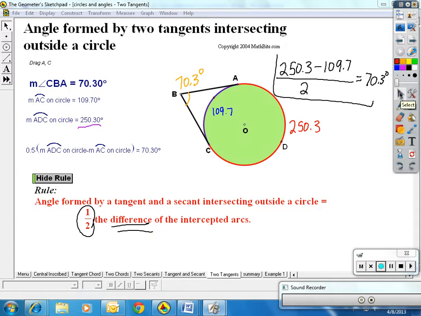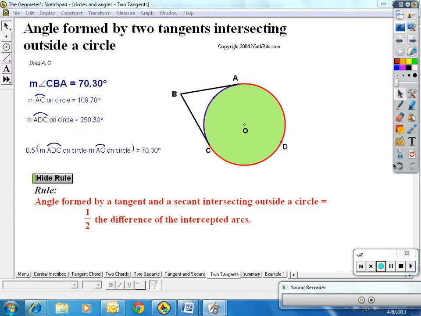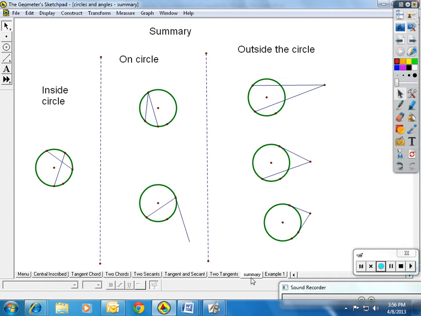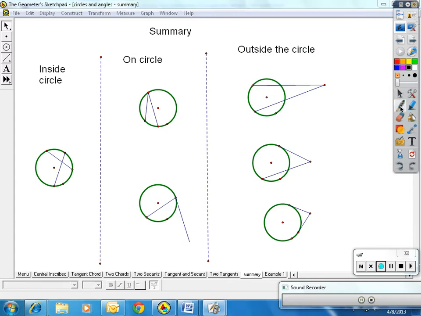Now, let's summarize this. A lot of rules to keep track of, and I think it's best if you think about it in these 3 different bins: vertex inside, vertex on, vertex outside the circle. The key number that we keep using is 1/2. 1/2 what?